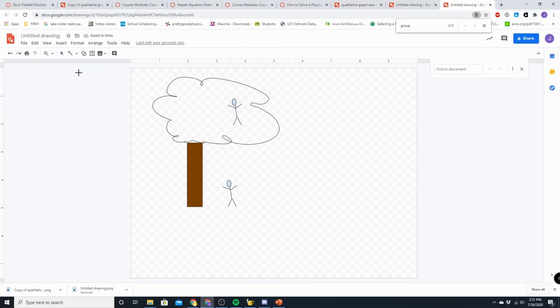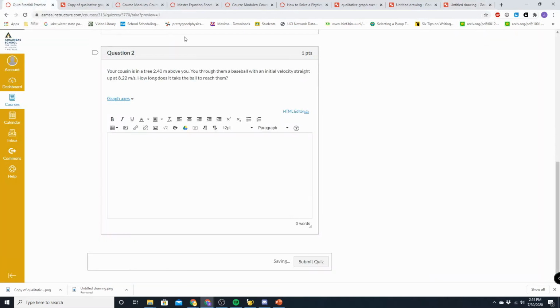Just like before, we need to come up with the most reasonable coordinate system. Now, there's some ambiguity in the phrasing because I didn't want it to be super awkward. But when something says they're X meters above you, what we're really trying to get at is that the ball will be traveling that distance.